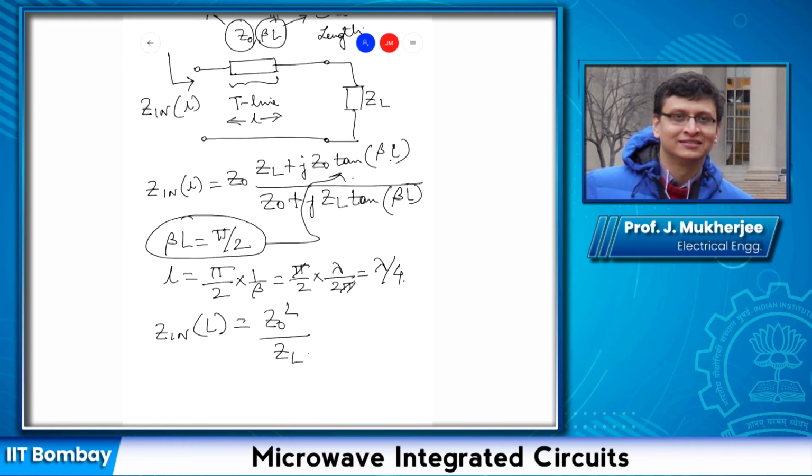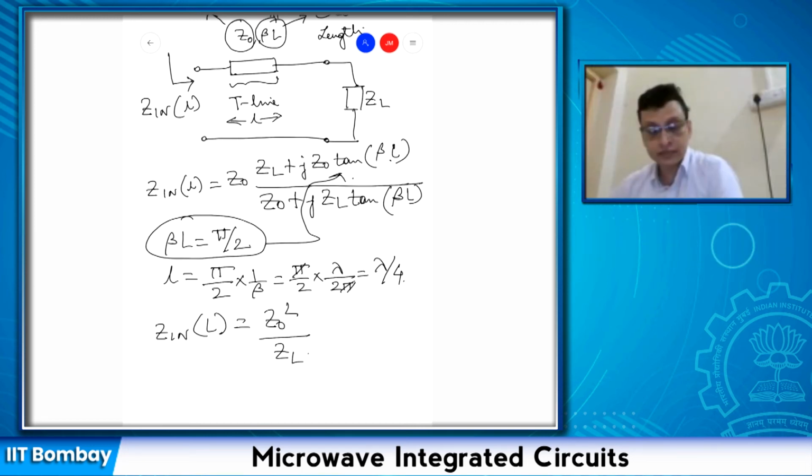That's what I mentioned in the last class, that we don't want Z0 to be frequency dependent. If the Z0 has an imaginary component, then it inevitably has a frequency dependence, which we don't want. That's why we want Z0 to be real, I beg your pardon.